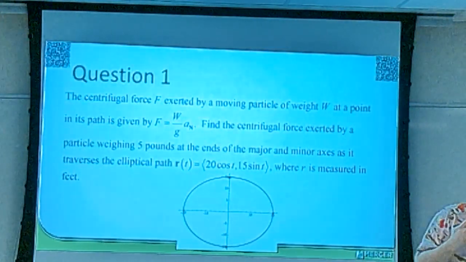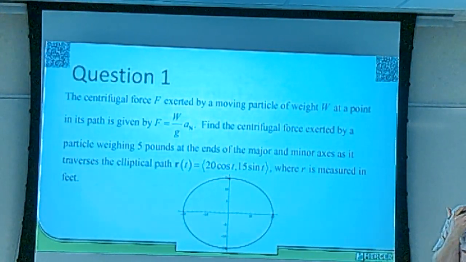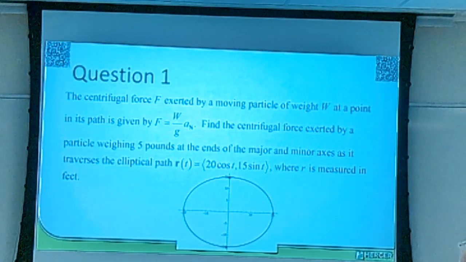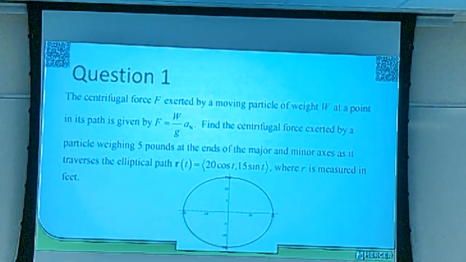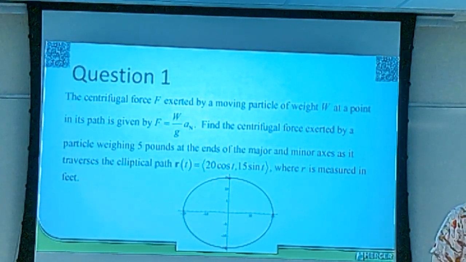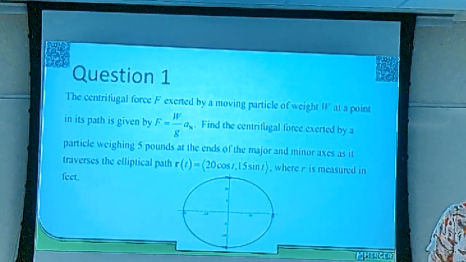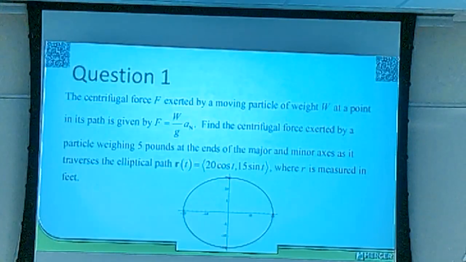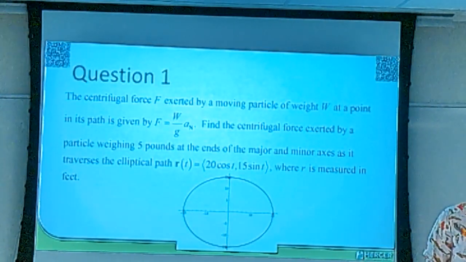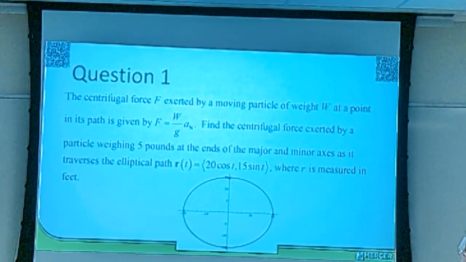Now, let's see who remembers ellipses. Which one's the major axis? It's not y. It's the x-axis. It's the larger distance.